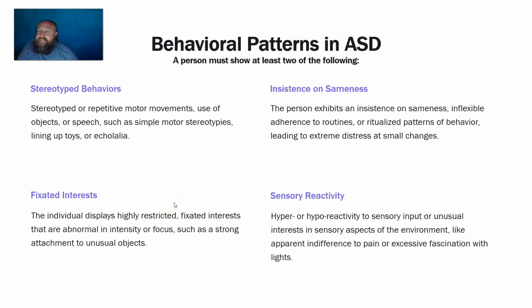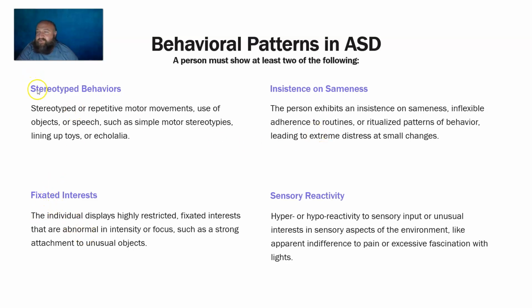So remember, this is criterion B, right? Only 2 of these must be present, not all 4. This gives you an idea of how it's a spectrum of disorders. Some kids, some adults may be really strong on the sensory reactivity, maybe have a little bit of insistence on sameness, maybe not too many stereotyped behaviors.